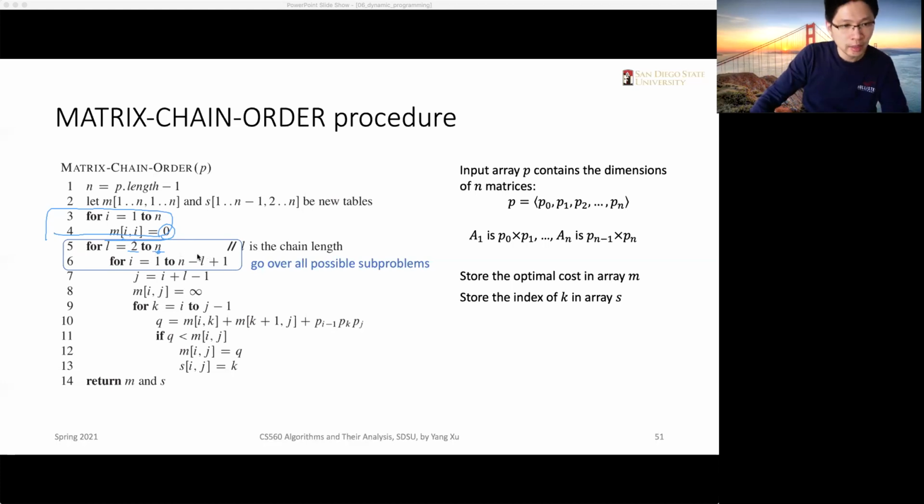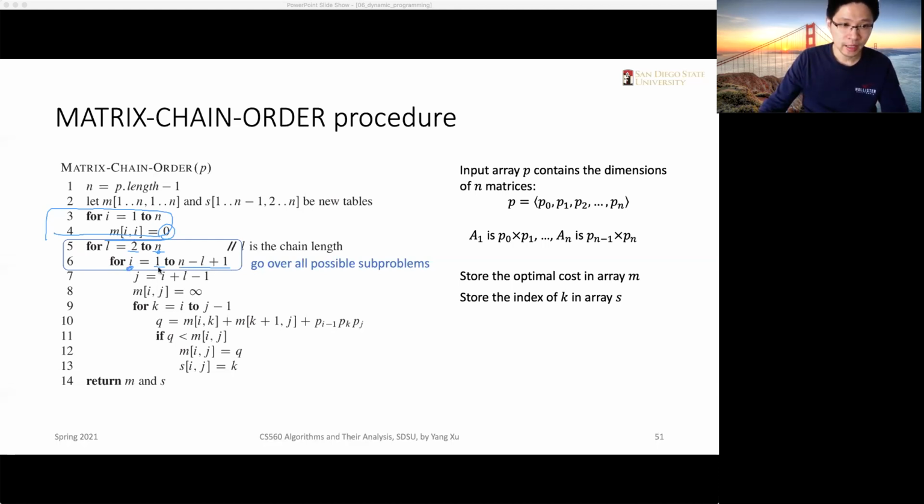And the second for loop, the I, what is I? I is the left end of the subproblem defined by the sliding window. So I iterates from 1 to n minus L plus 1.